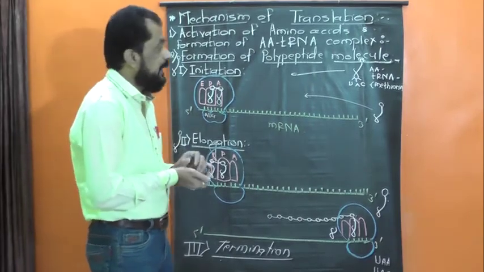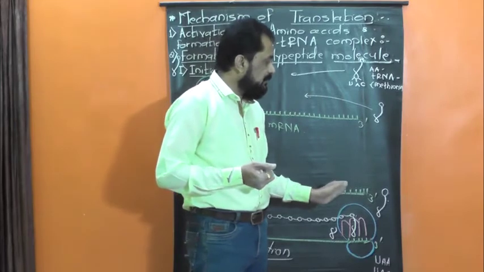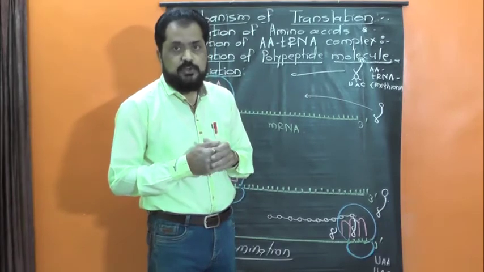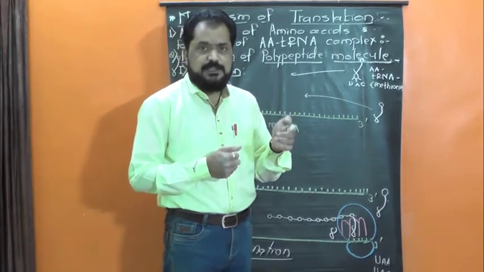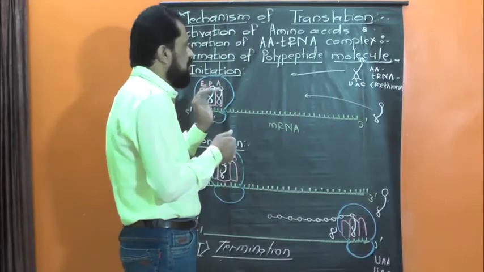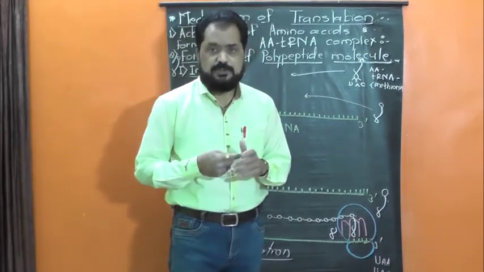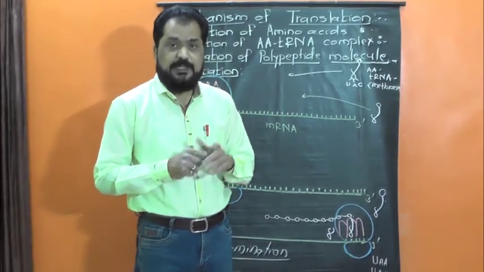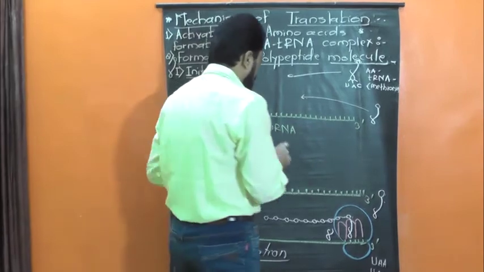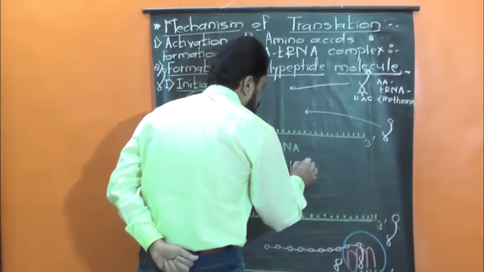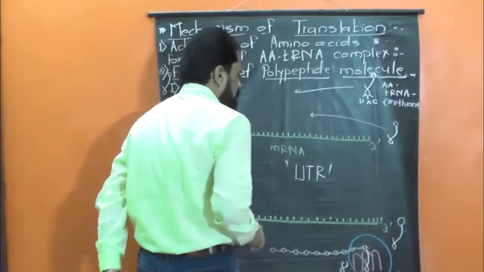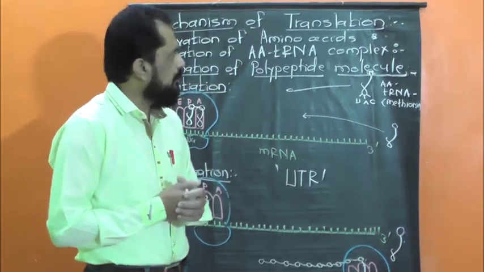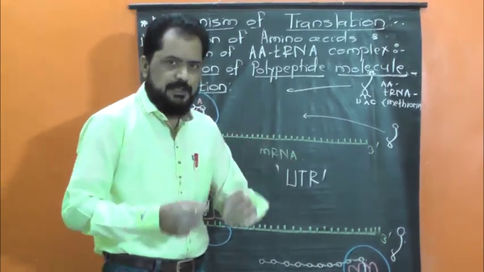In the same manner, at 3' end, after termination codon, after stop codon, there is adenine. So these nucleotide sequences present before initiation codon and after termination codon do not undergo translation, and therefore those sequences are called untranslated region, UTR, untranslated region. That's all about the entire mechanism of translation.